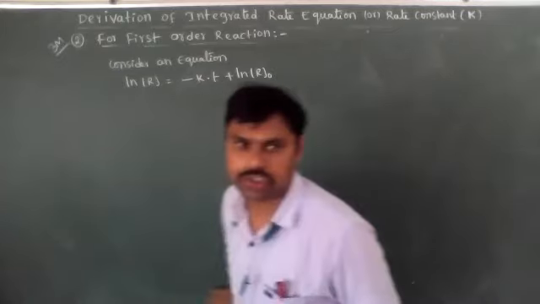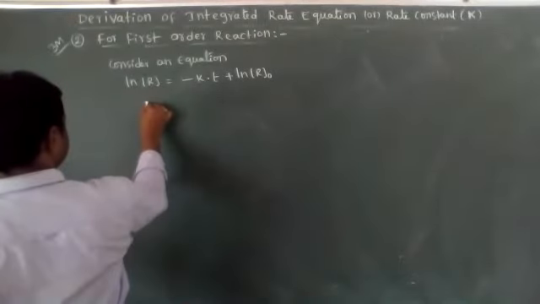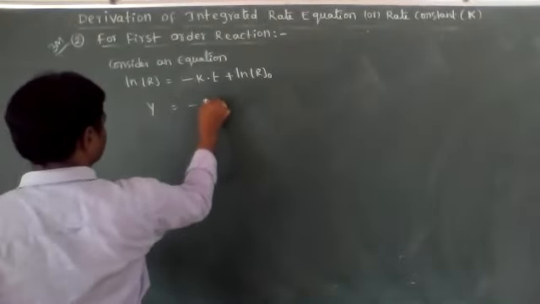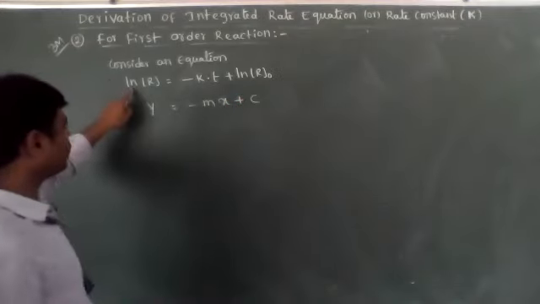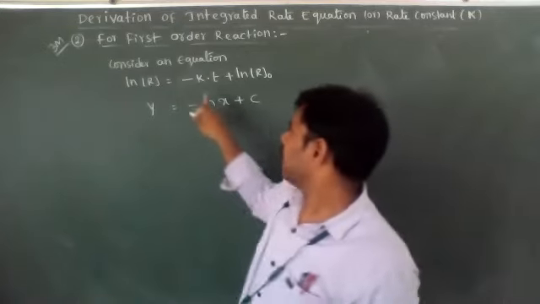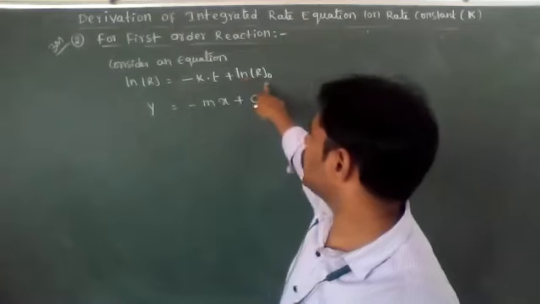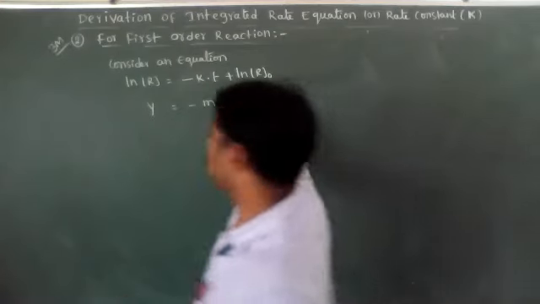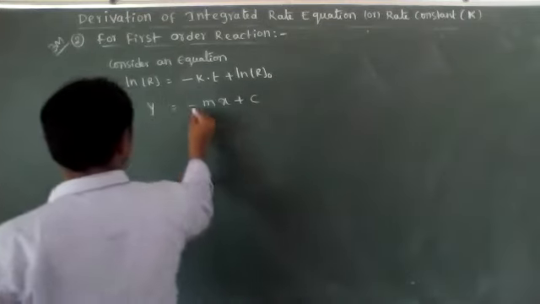On the y axis you take ln R, and on the x axis you take time. Then the intercept equals ln R naught, and the slope equals minus k.